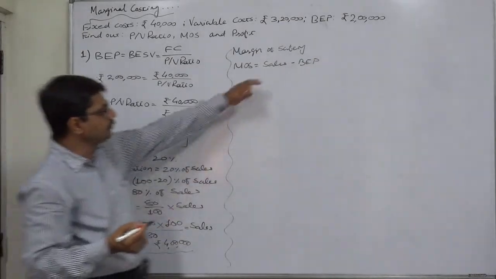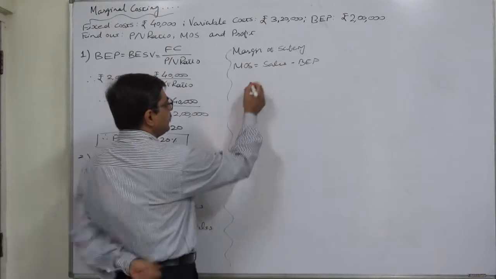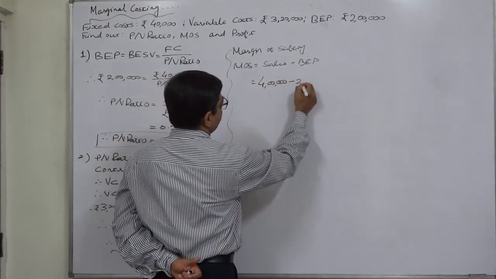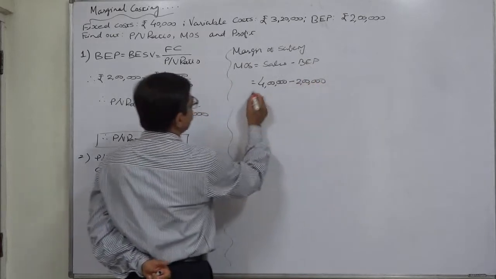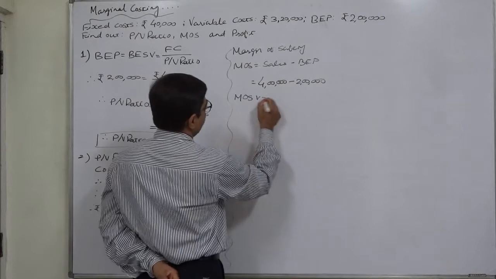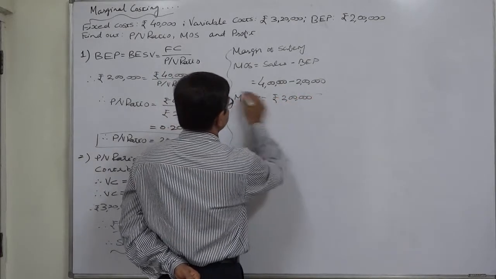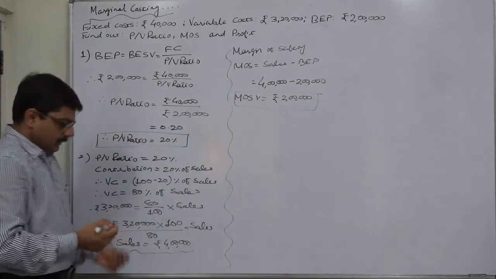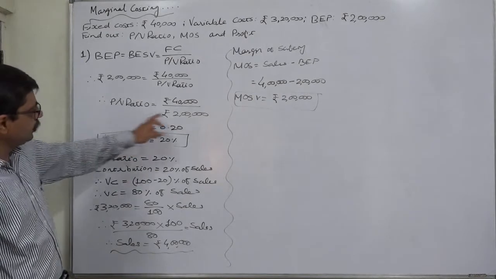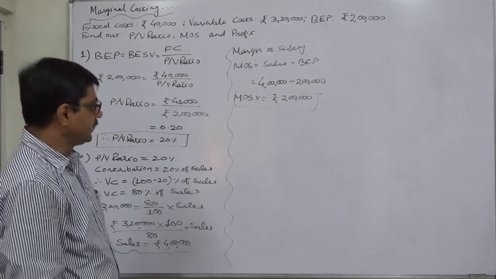If we substitute quantities of these two, we can have the margin of safety quantity. But here only value is possible. Sales calculated 4 lakh, BEP readily available 2 lakh. Both are in terms of values or rupees. So margin of safety value comes to rupees 2 lakh. So this is our answer number 2. After PV ratio, we calculated margin of safety that was possible in value only.